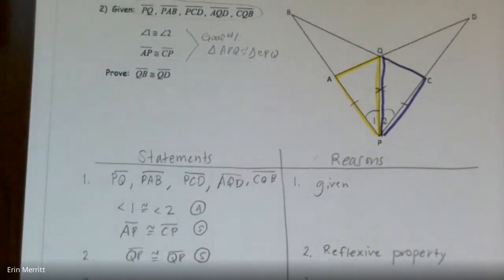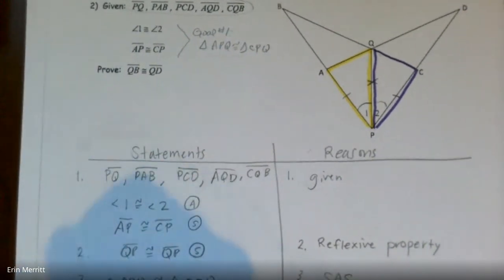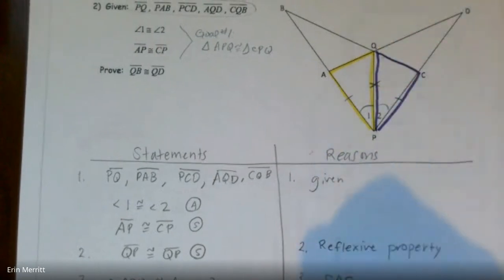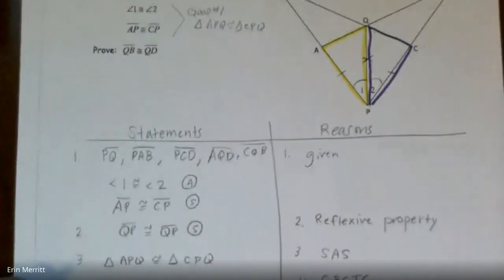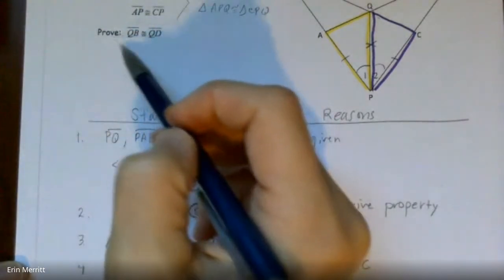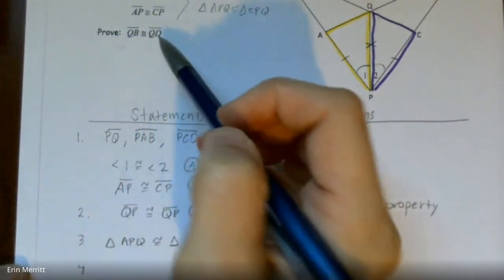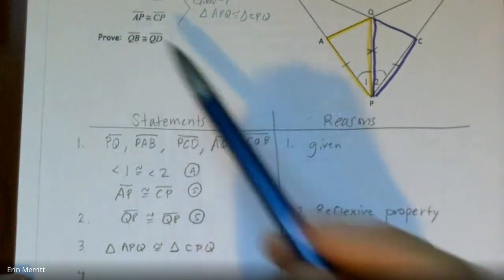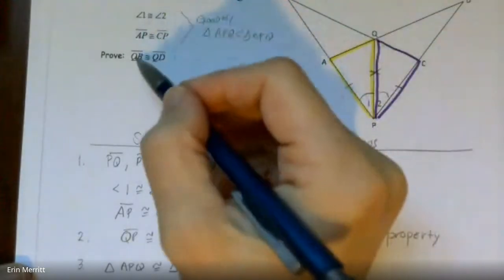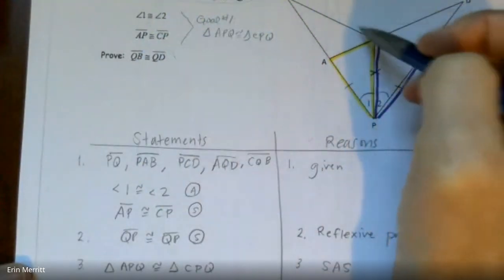Okay. This one, like I said, is a little bit different than last time. We're still going to want to steal parts from these triangles because that's the whole point. So this next step, once I prove the triangles congruent, better always be talking about a little CPCTC, all right? But what I want to think of is what triangles are we going to have to prove so that we can actually get the parts that we need. So when I look at this, like I said, there's a couple ways to do it, but what I think is going to be easiest is QB is part of this little triangle up here.